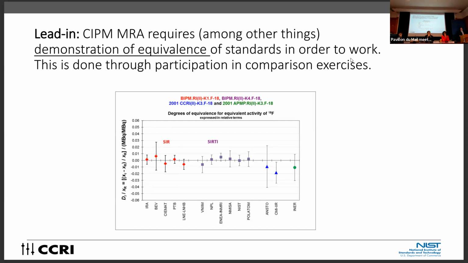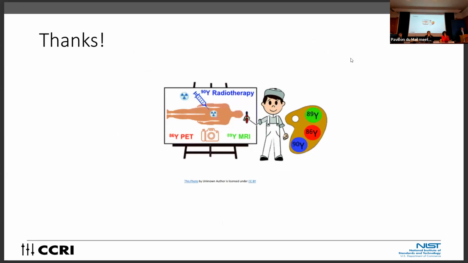So this just shows the example of one particular comparison that the next speaker is probably going to go through in much more detail. But at this point, I hope that that served as an overview of the metrology infrastructure that we have in place to help address some of the issues that we've been talking about all day so far.